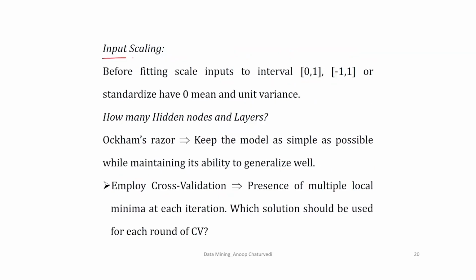Now we consider input scaling. Say you have input data, and we use this input data for fitting the network. But before using this input data for fitting the network, we usually scale the inputs so that they lie in the interval 0 to 1 or -1 to 1, or sometimes we standardize the input so that it has mean 0 and unit variance.